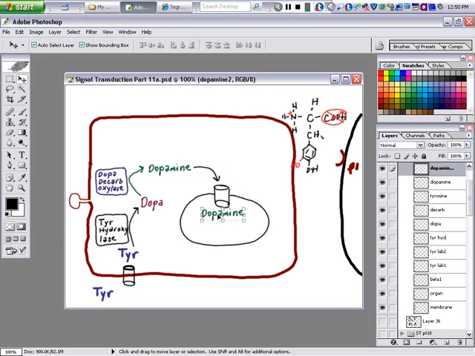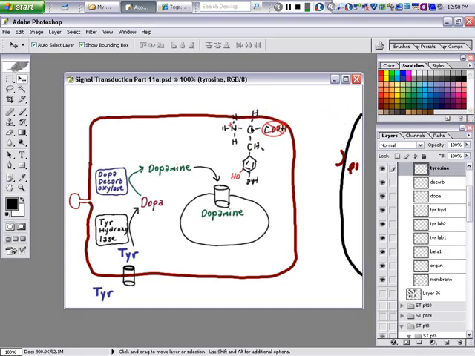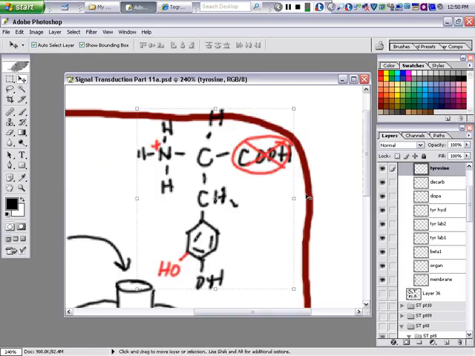Now we're going to continue the steps to convert dopamine into norepinephrine. Let me first tell you, this is the final step. So I'm going to show you what happens. What's the name of this compound here?